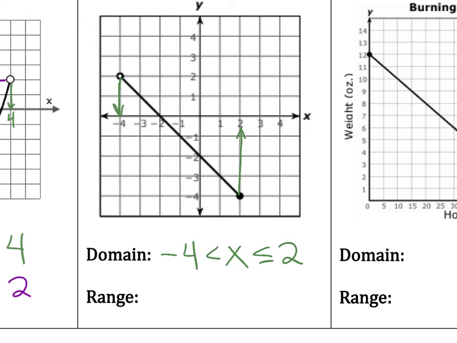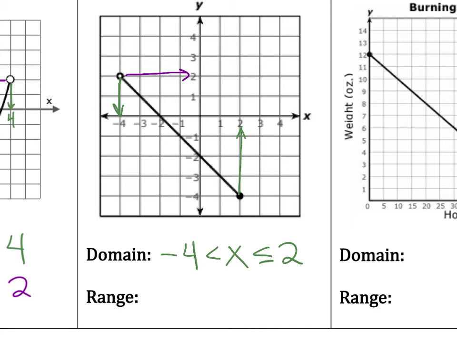Domain goes left to right first. Opposite, for range, it's bottom to top. Small numbers to big numbers. Tell me the range. 2. So the highest point is +2. It's open, so.